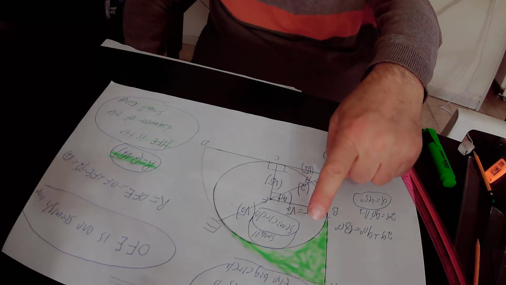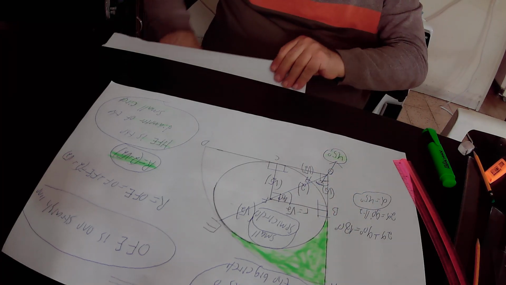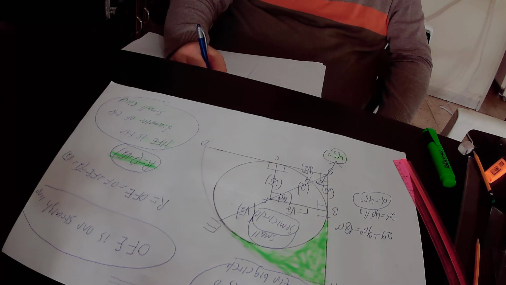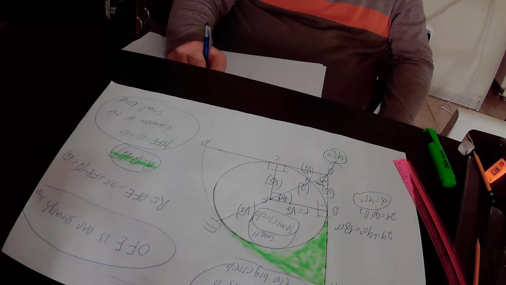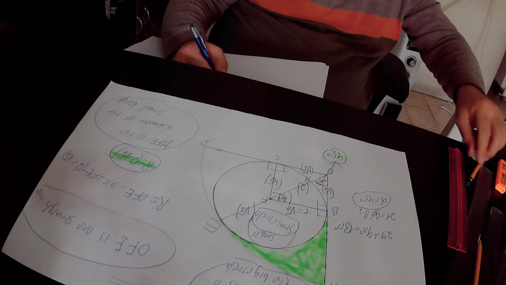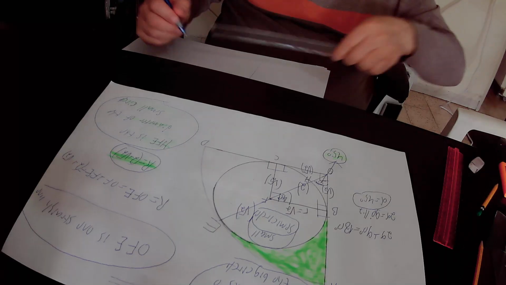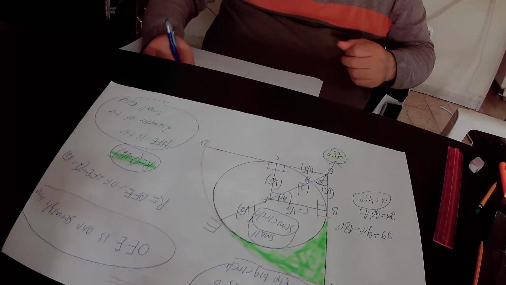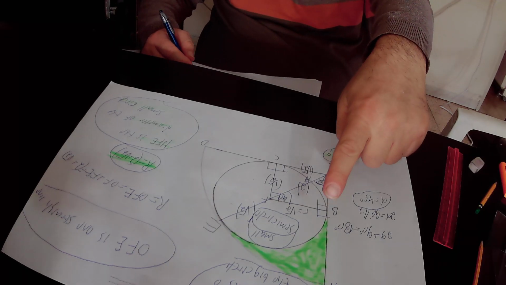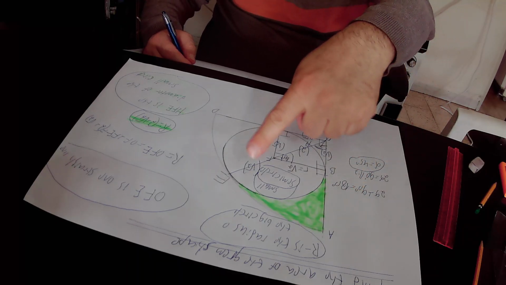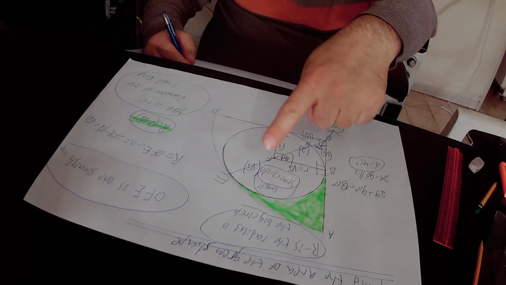Our mission is to find out the area of this green shape. So what is the area of the green shape? From the drawing, it is very easy to see that the area of this green shape equals the area of the big sector AOE.